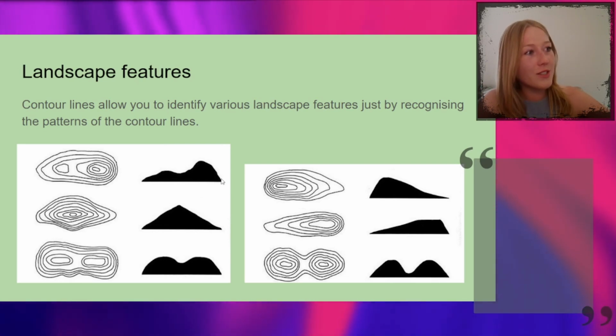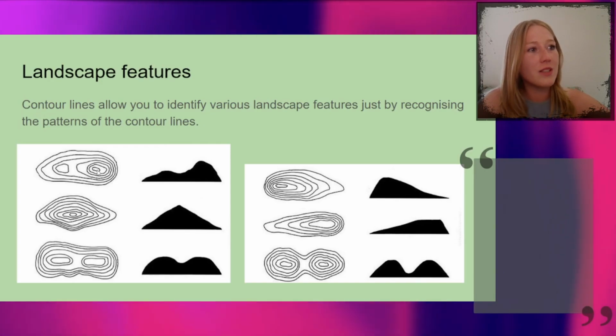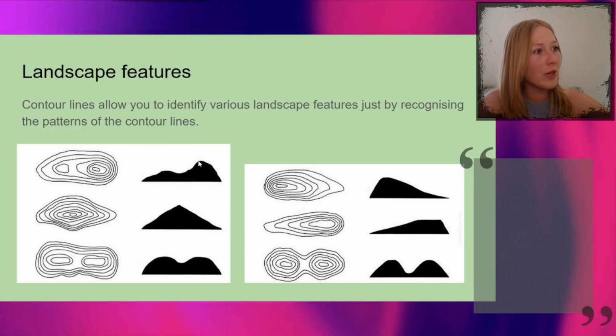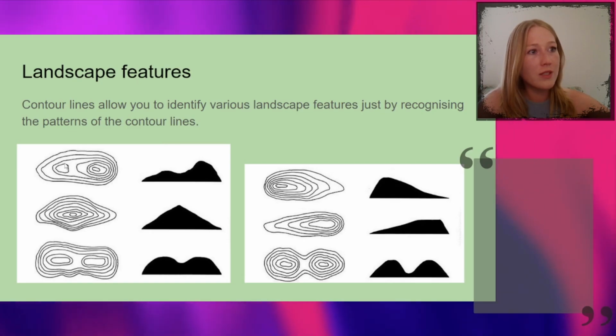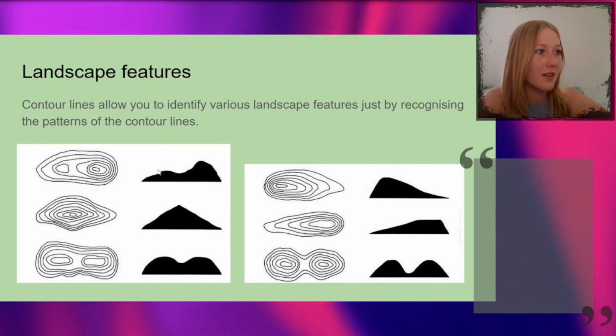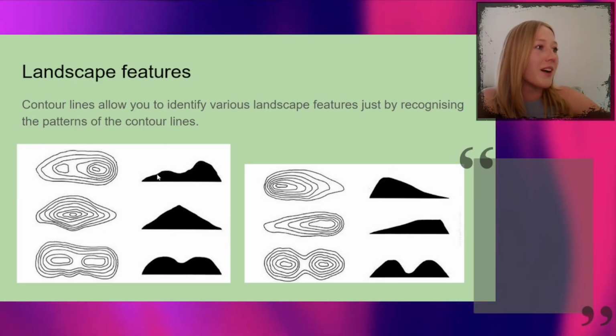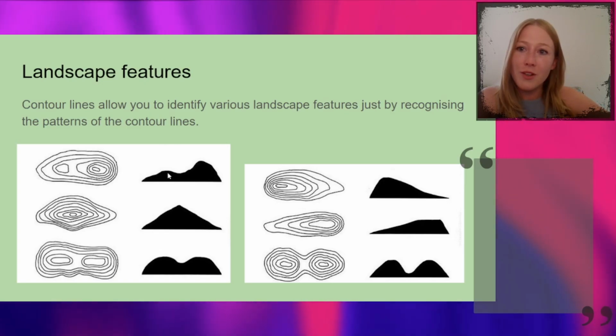So it increases with a steep slope over there. This is the top, the highest point. We can see another loop over here, so that means there's another peak.